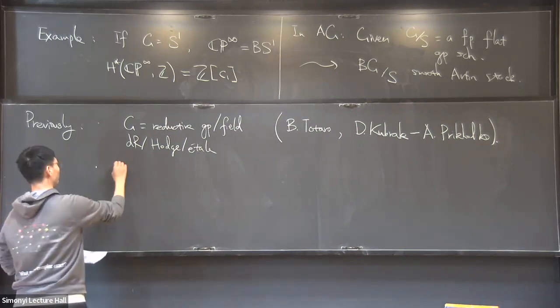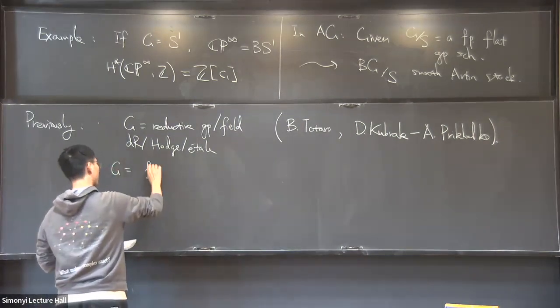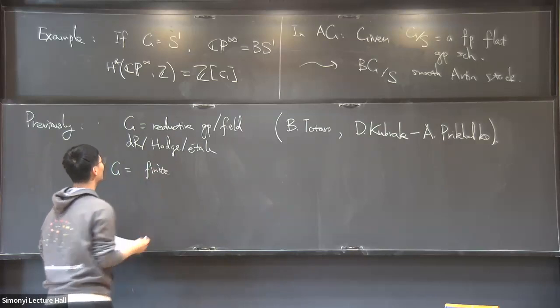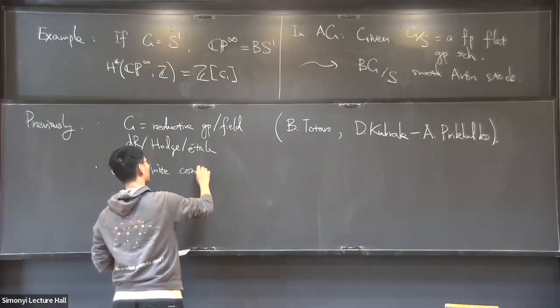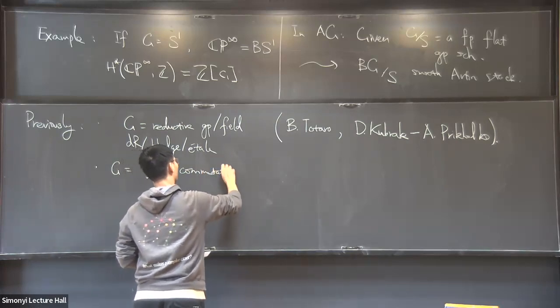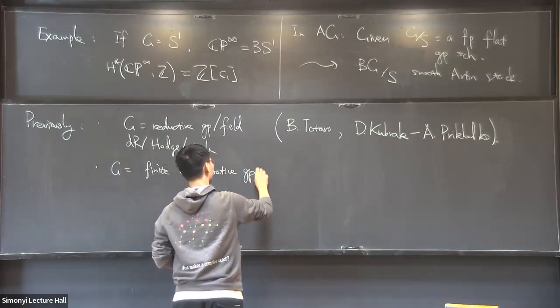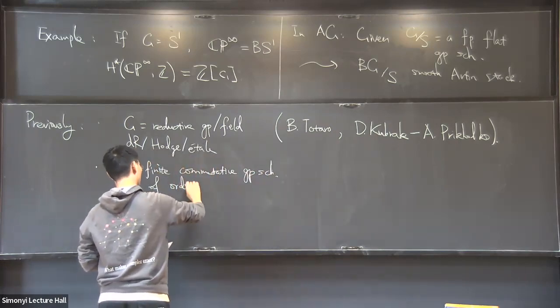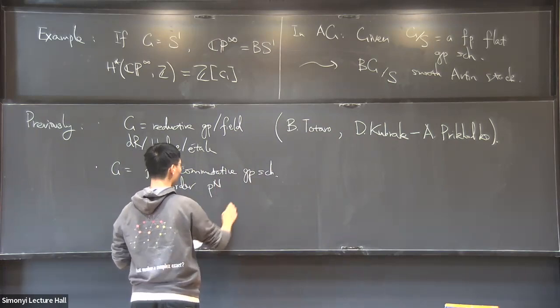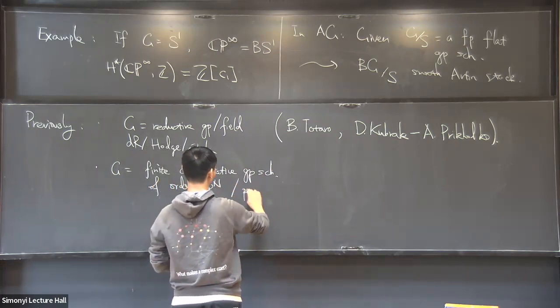And then you can also let G be slightly different, say a finite commutative group scheme of order some p-power over some perfect field of characteristic p.